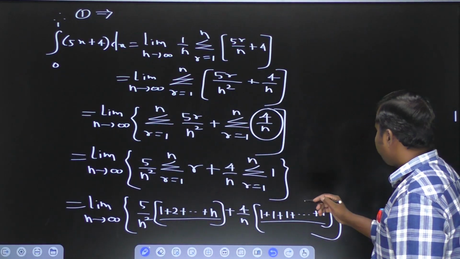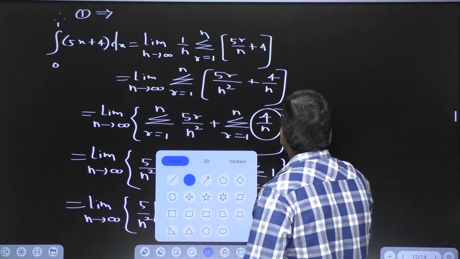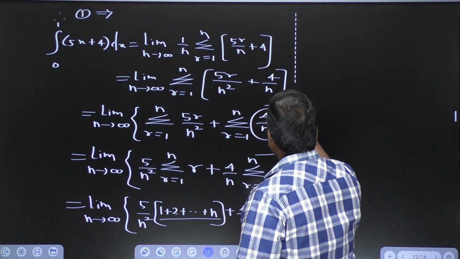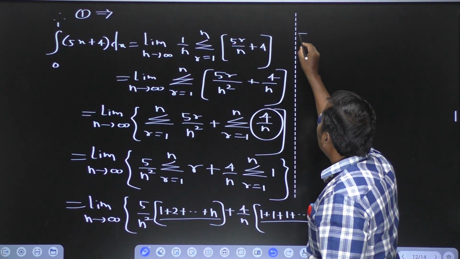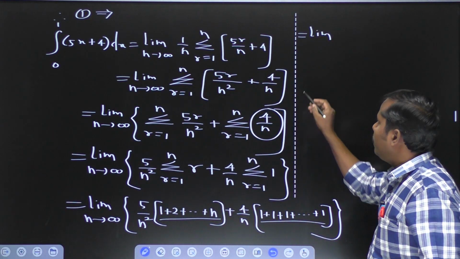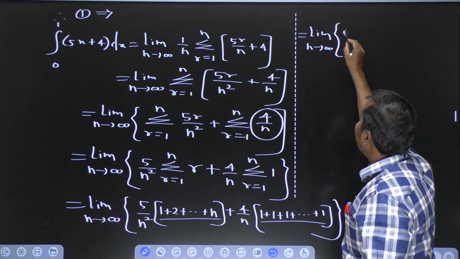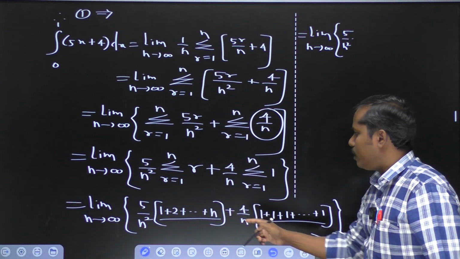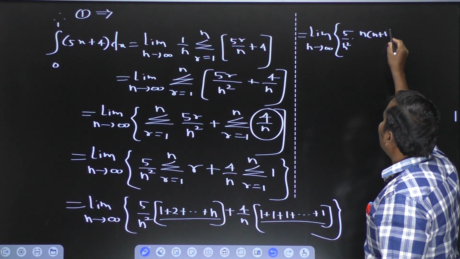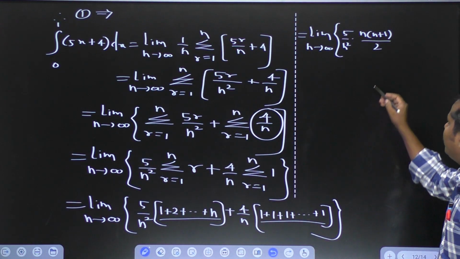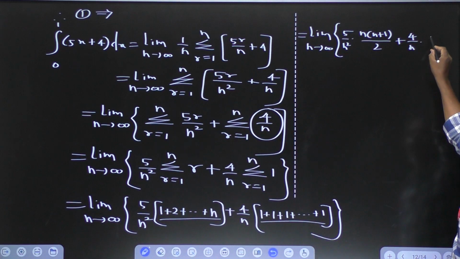Let us go for that. So this is equal to limit n tending to infinity, 5 by n squared into, what is the formula for this? n into n plus 1 by 2, plus 4 by n into, what is the answer for this? n.